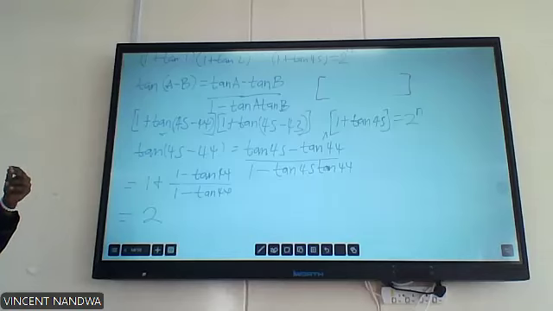Okay, so this is the function 1 plus 1 plus 3, then all the way to 1 plus tan 44. What is that?